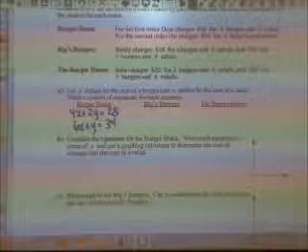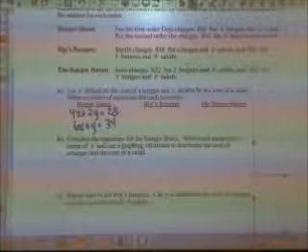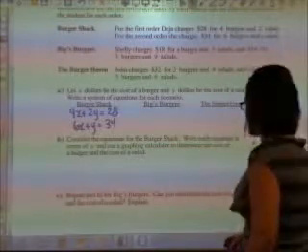So I'm going to give you a moment, and using that information for Big's Burgers and the Burger Haven, I would like you to write the equations from those 2 restaurants. So what are my 2 equations for Big's Burgers?